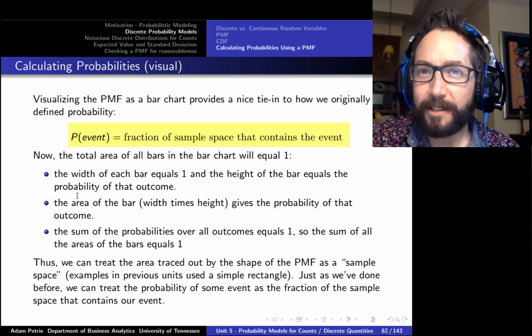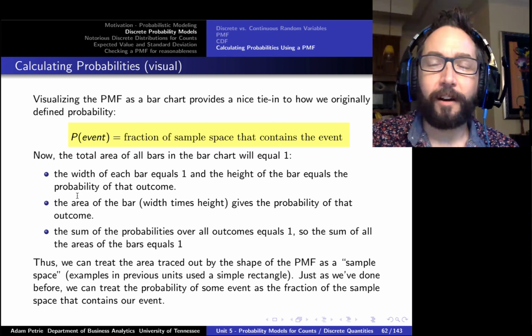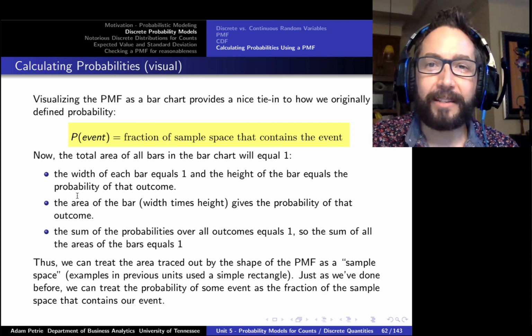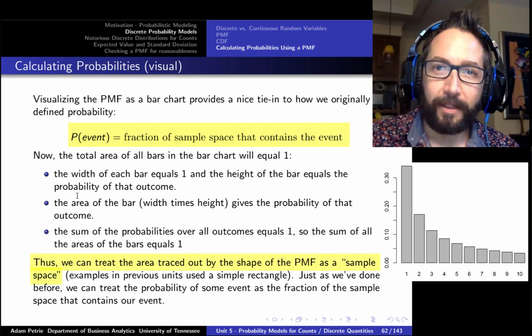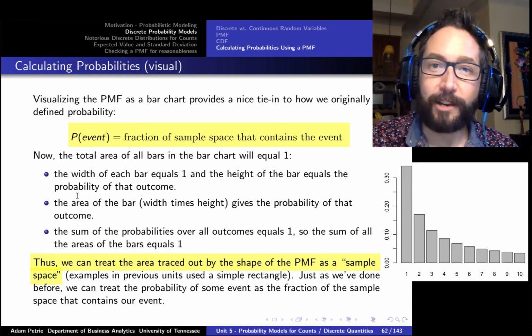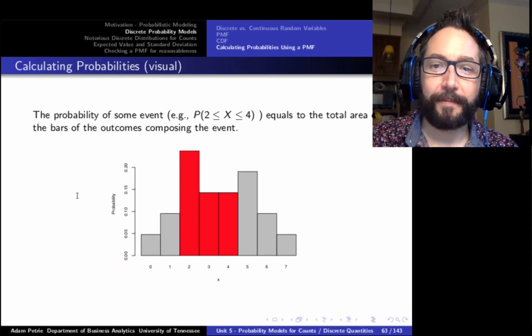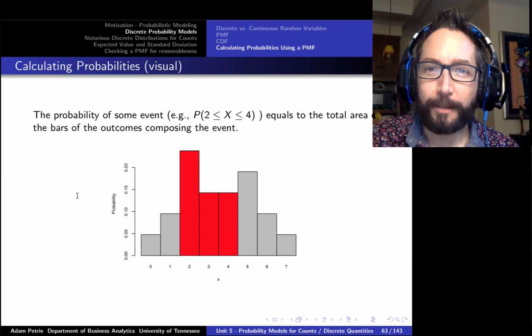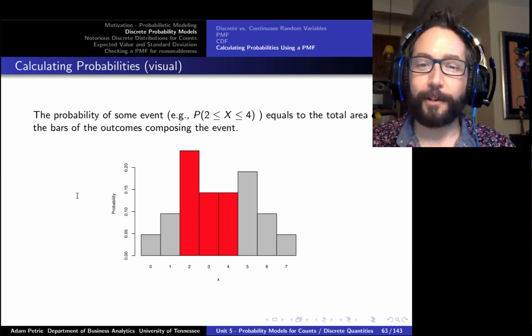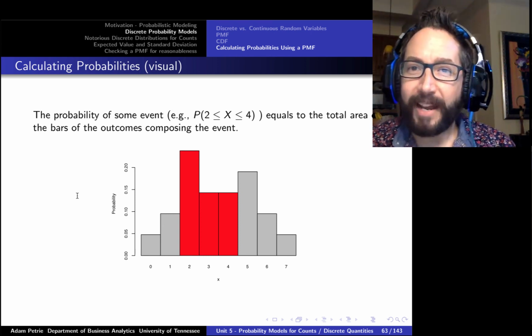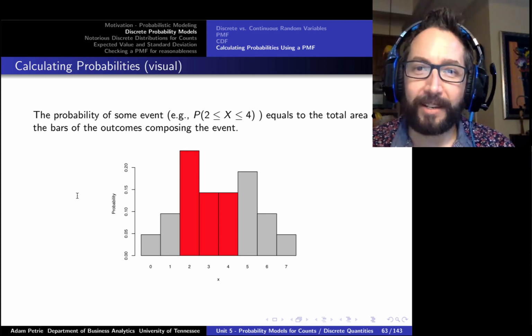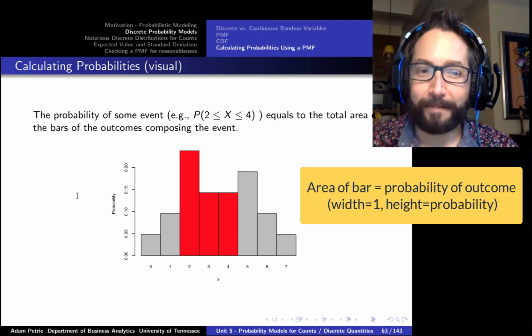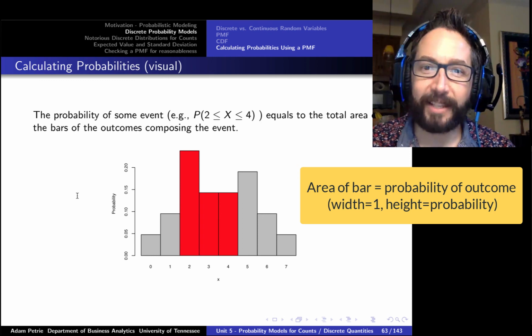Let's do something similar here, but represent our sample space as the area of the bars that present that visualization of the PMF itself. So for example, let's imagine I'm dealing with the following PMF. Here's my bar chart. Now, one nice thing about these bars is that the area of each of the bars exactly equals the probability of observing that outcome.